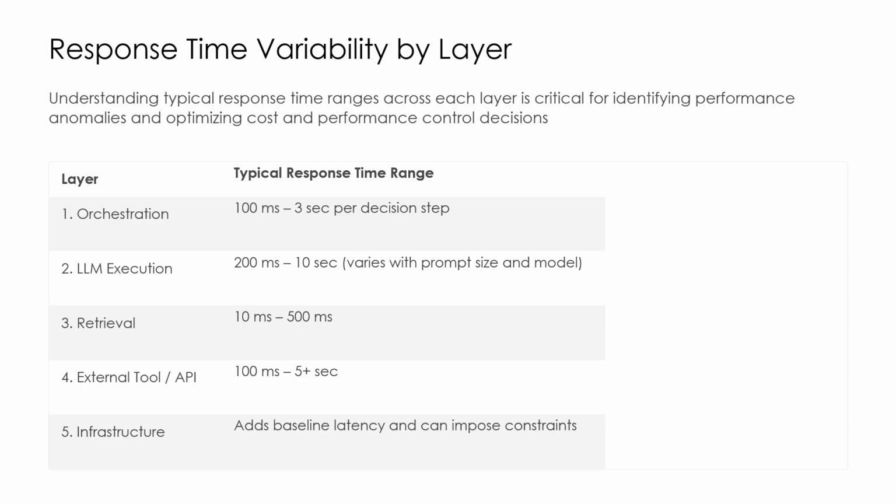So the agent total response time is the sum of the response times of different components across layers. And the goal of governance is to ensure that the total agent response time is always below the business process service level goals.